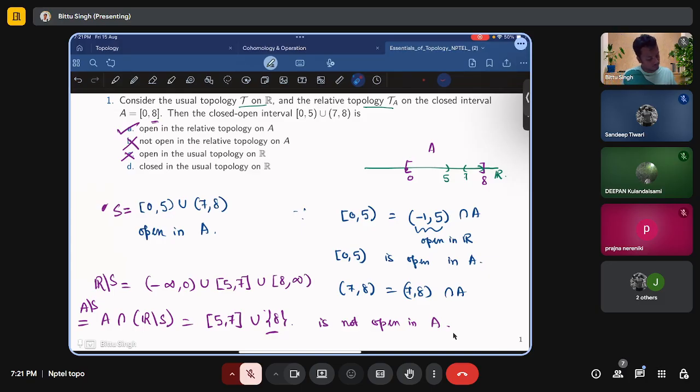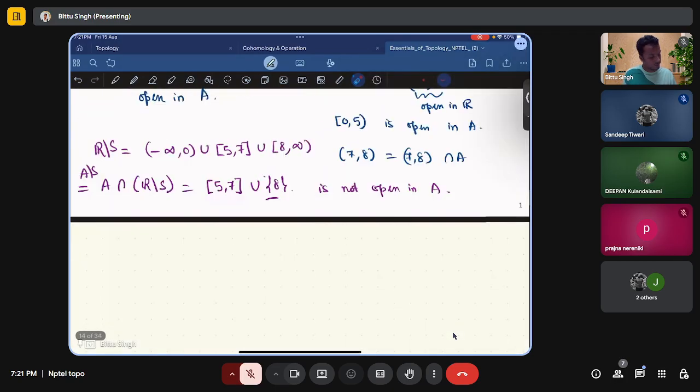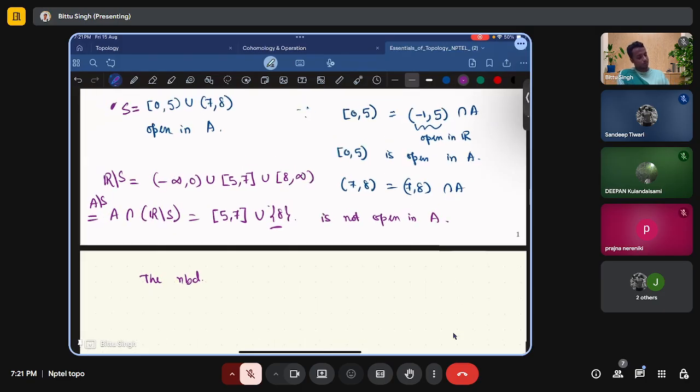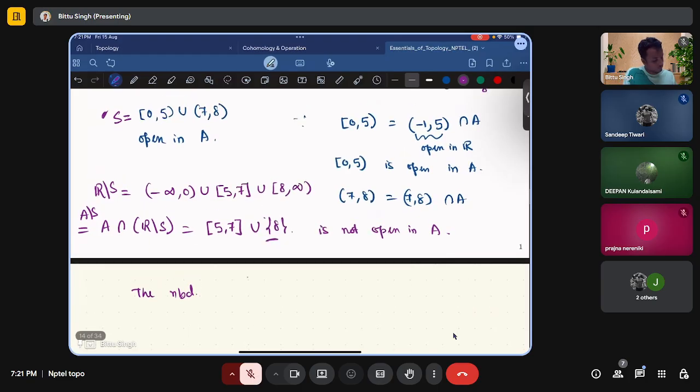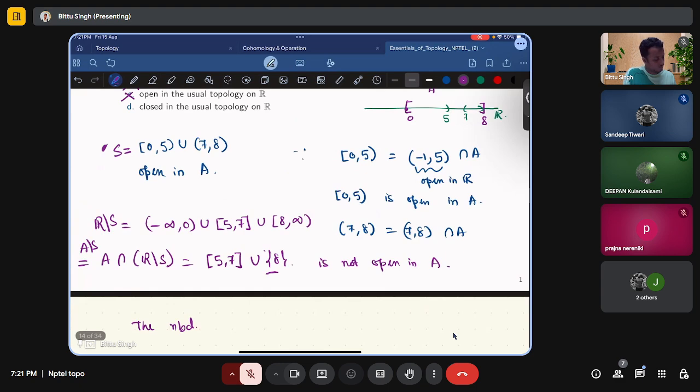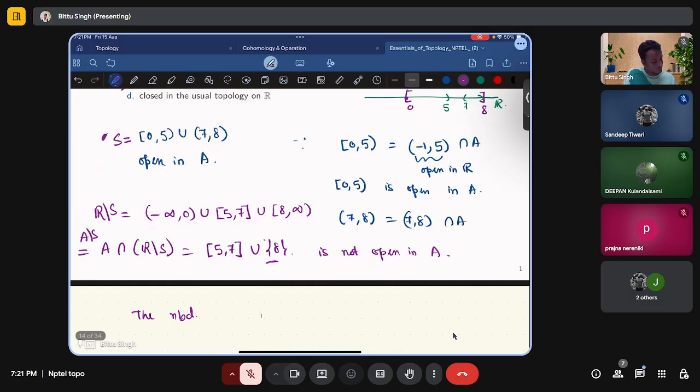Let me write another thing. The neighborhood 8 minus epsilon 1 comma 8 intersection A cannot be contained in S. So this is actually the intersection with A, which means it is 8 minus epsilon 1 comma 8.